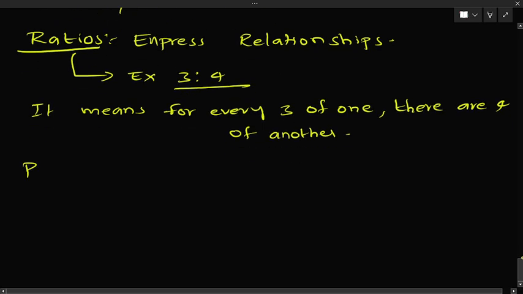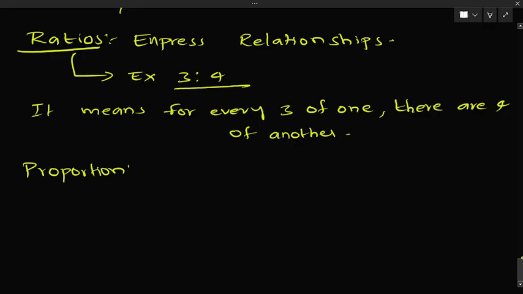Then what about proportion? This is the main difference between ratios and proportion. Proportion means equating the ratios. Ratios are nothing but expressing the relationships, and proportions are nothing but equating the ratios.